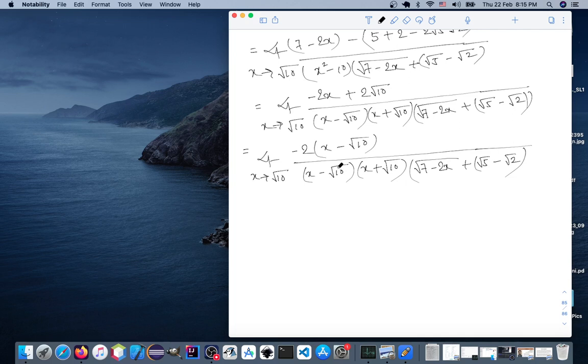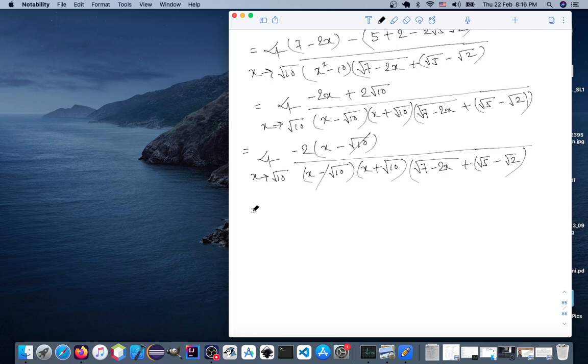Now x minus root 10 and x minus root 10 get cancelled out. Now if we substitute x as root 10 in the remaining term, what do we get?